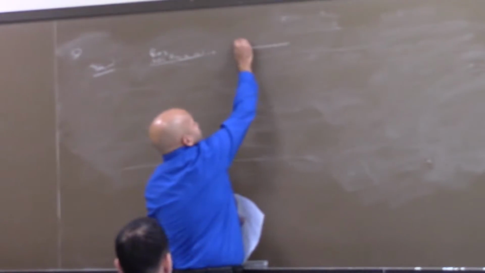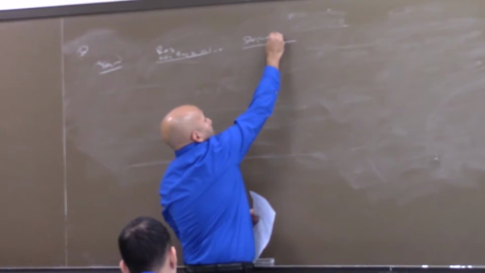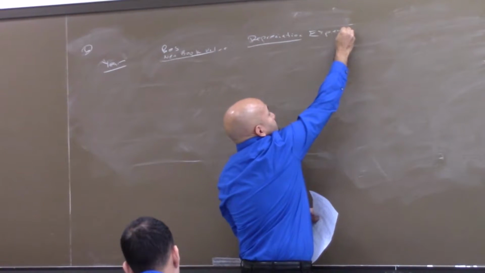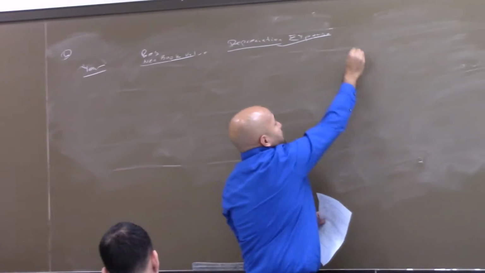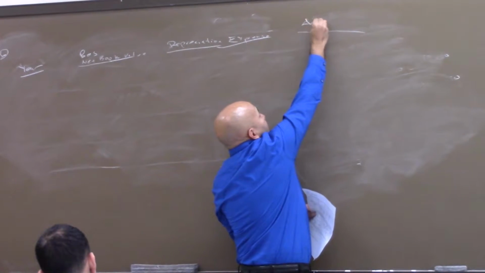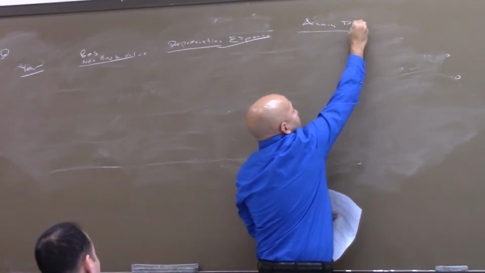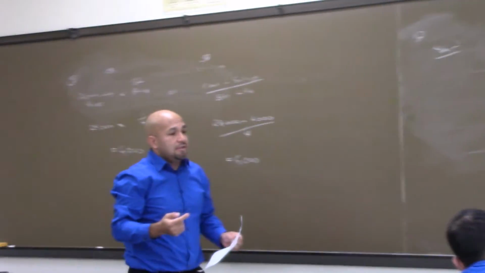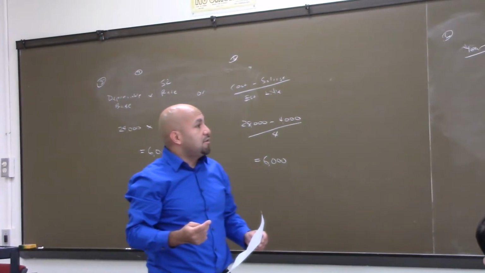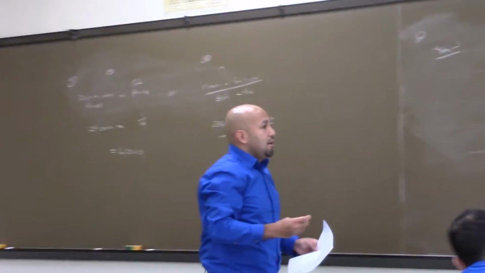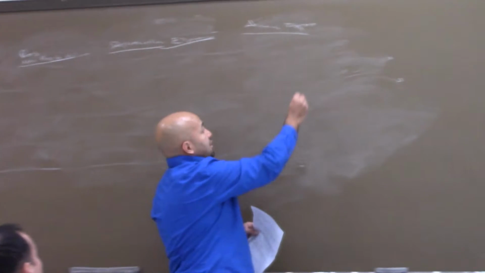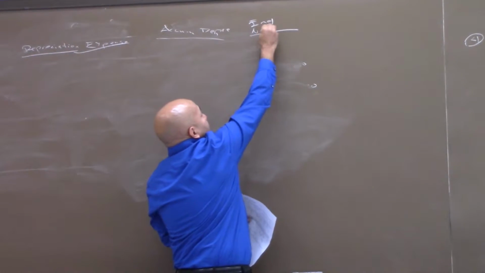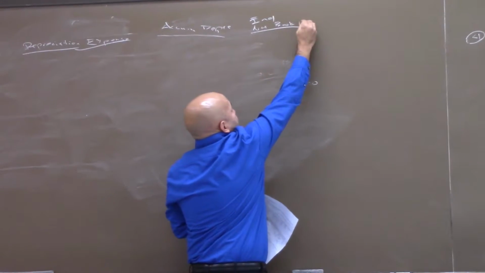Next column I'm going to put is depreciation expense. I'm going to put a column for accumulated depreciation, and I'm going to abbreviate depreciation. So again, so far we have a column for year, beginning net book value, depreciation expense, accumulated depreciation, and I'm missing a column. The ending net book value.